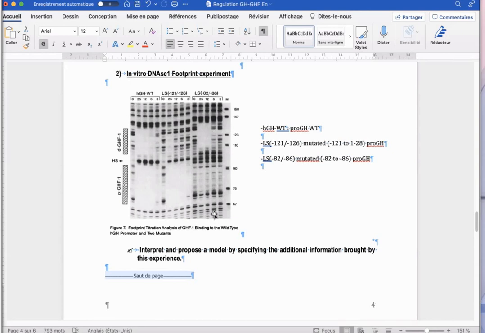From this experiment, I will leave you five minutes. I would like you to tell me if the results presented in this figure are totally consistent with the model that we managed to create using EMSA. So I leave you a few minutes. Try to analyze this and tell me what you think about that.